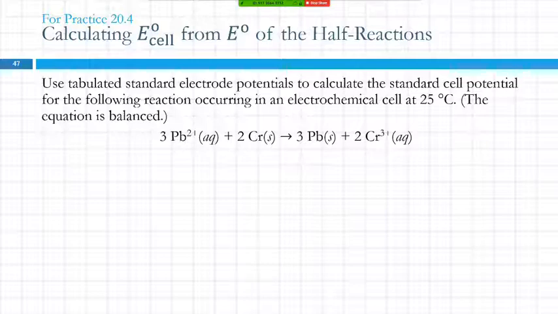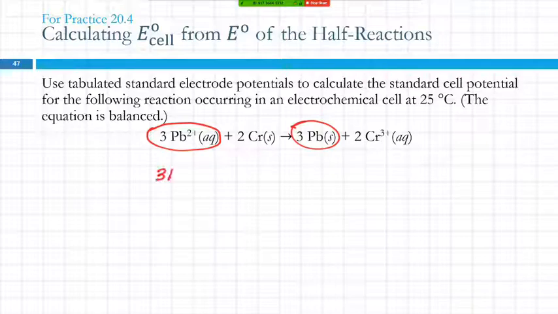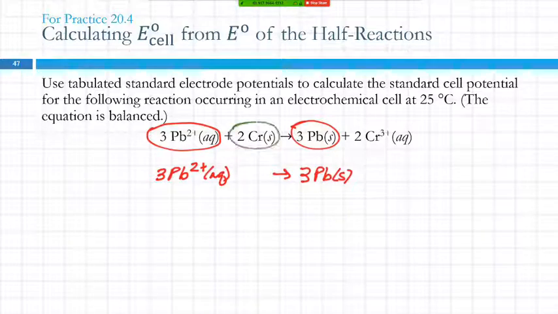We don't have to balance it, but we have to pull it apart into two half reactions. So I'm going to put that lead and this lead together. So we've got 3Pb2+ going to 3Pb. And then I've got the chromium, and the chromium ion is the other one.